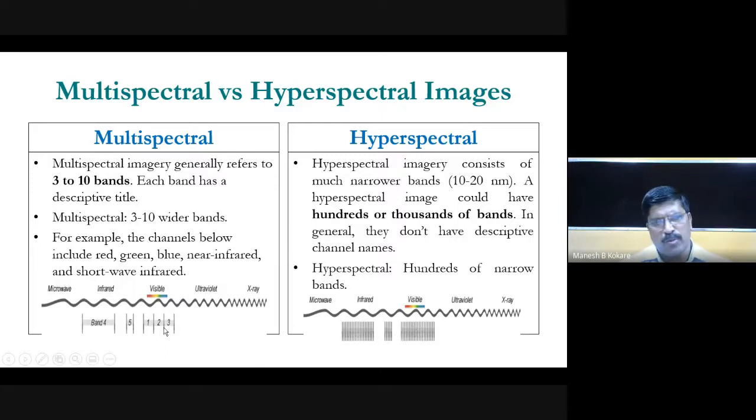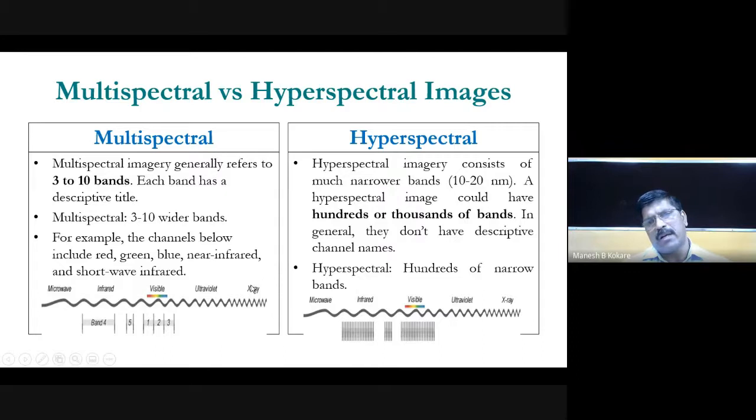In the visible range, multispectral has only 3 bands, but in hyperspectral they may take something like 50 bands in the visible spectrum itself. So the number of bands is more in this case. Definitely, if the number of bands is more, you'll find more details in hyperspectral images, whereas you'll find less detail in multispectral images.